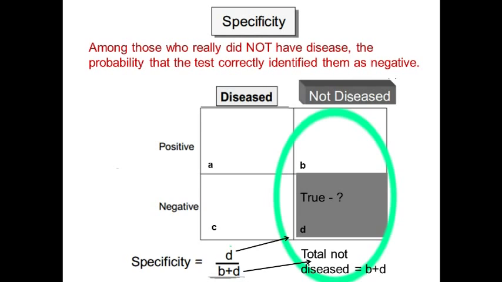If you look at the formula for calculation of specificity, we are looking at the non-diseased column, and our numerator is all those who tested negative and who do not suffer from the disease, that is D, from the total of not diseased, that is B plus D. So in other words, specificity looks at, from those who really did not have the disease, how many were actually detected as negative by the screening test. So this is the explanation for sensitivity and specificity.